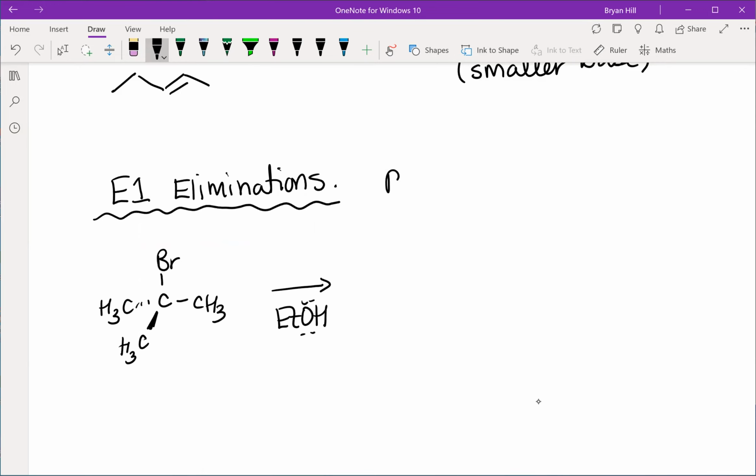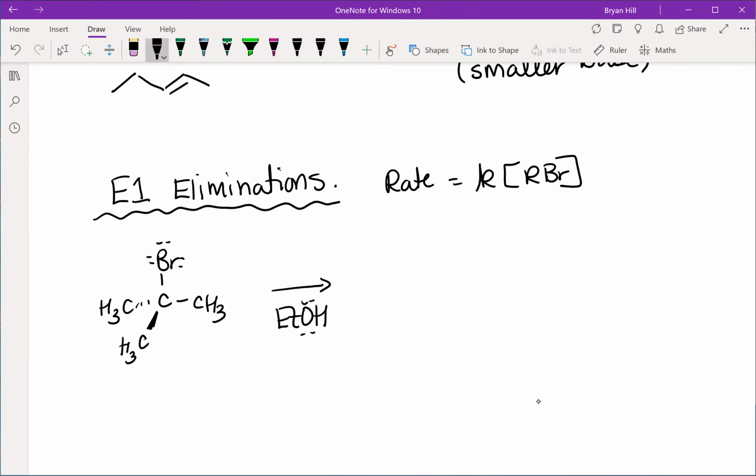Okay, so remember the rate of an E1 elimination is dependent upon some rate constant times the concentration of your alkyl halide. The base isn't in the rate determining step because the first step is the leaving group leaving.